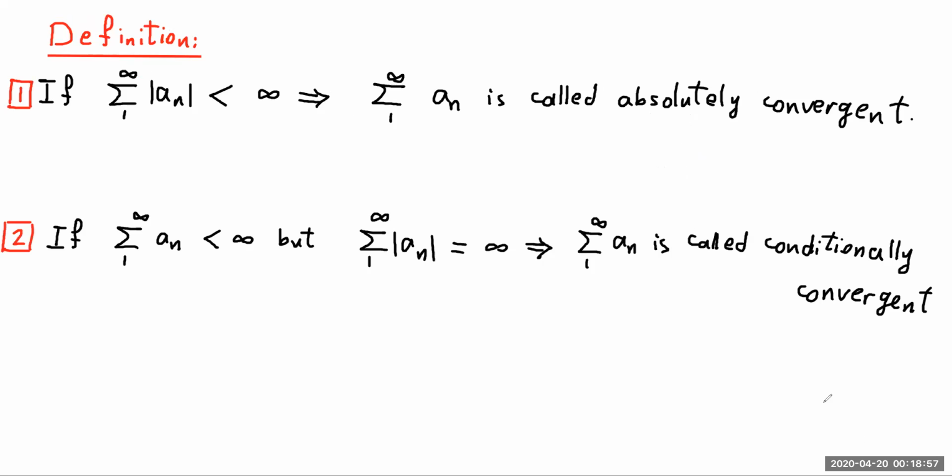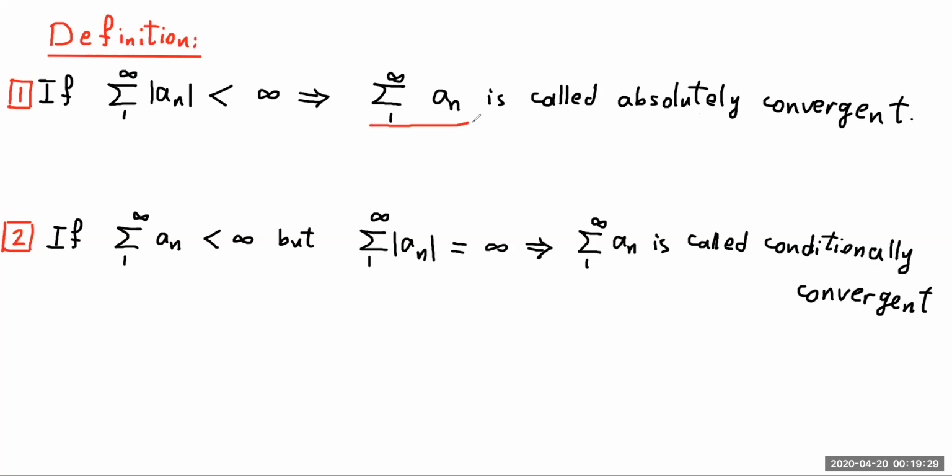So let's take the definition. If the sigma with absolute value converges, then the sigma without absolute value will also converge. And in this case, this series is called converges absolutely, or absolutely convergent.